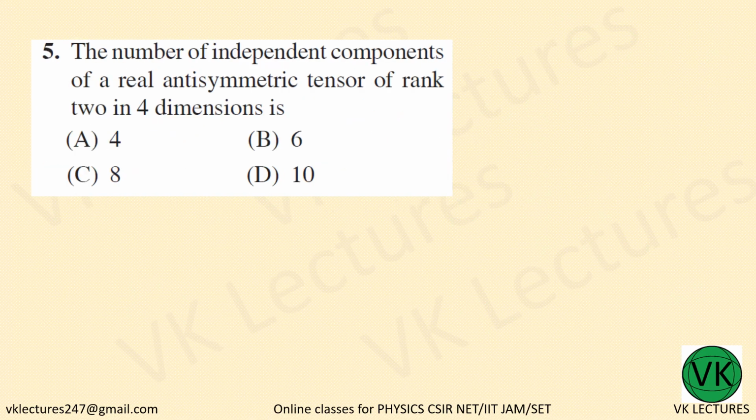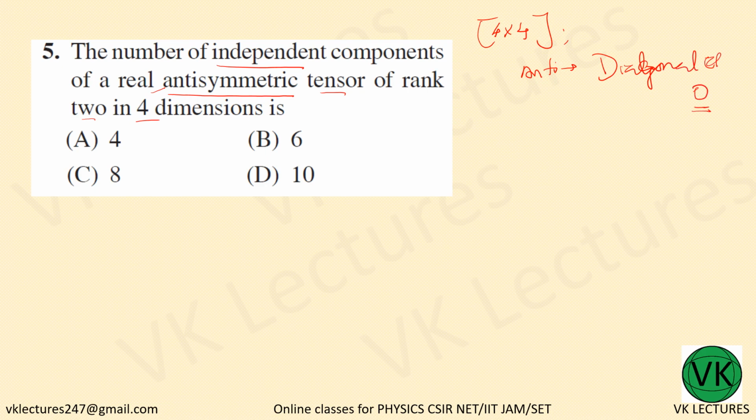The number of independent components of a real antisymmetric tensor of rank 2 in 4 dimensions. So you know this is a 4 by 4 matrix. Okay, so it is an antisymmetric tensor. Antisymmetric means all diagonal elements will be equal to 0.